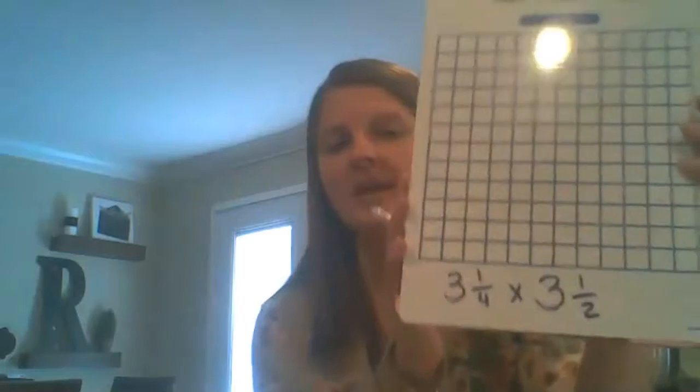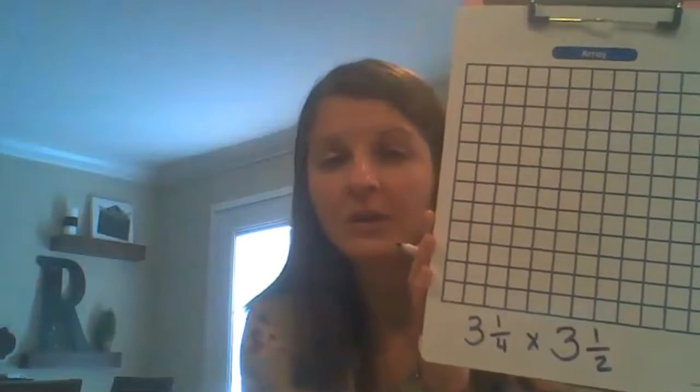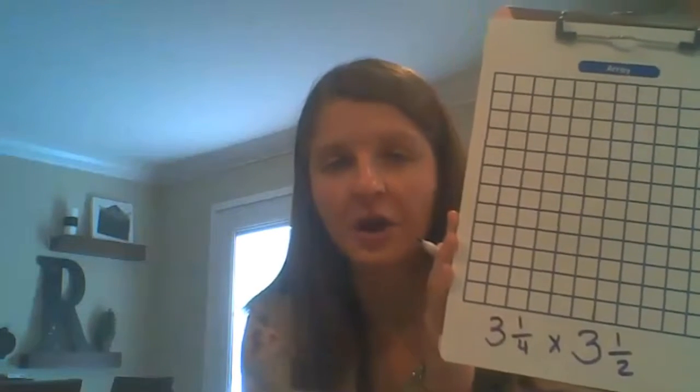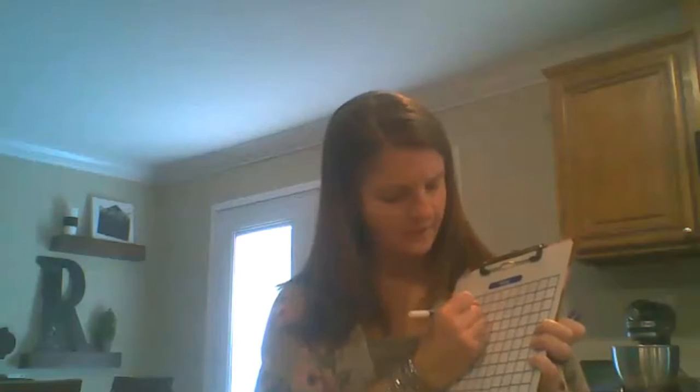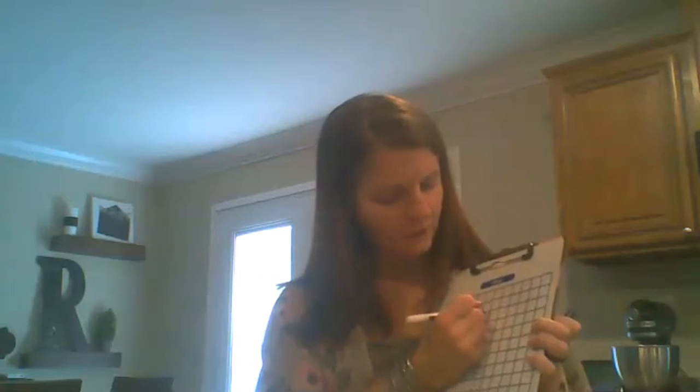So let's start out by looking at the problem. 3 1/4 times 3 1/2, okay? So if I wanted to create an area model on my graph paper here, I would go over 3, and then I'm going to go over a fourth. I'm going to mark it so that I can see what I'm doing there.